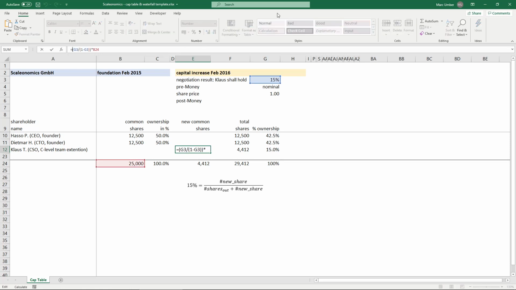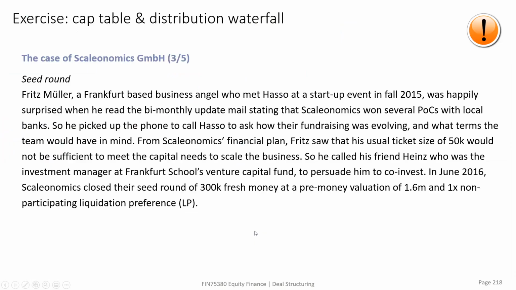Let's see. We need to round to make this a natural number. Okay. Very good. Just to make sure that we don't introduce rounding errors into our capitalization table. Let's go back to the next chapter, the seed round.